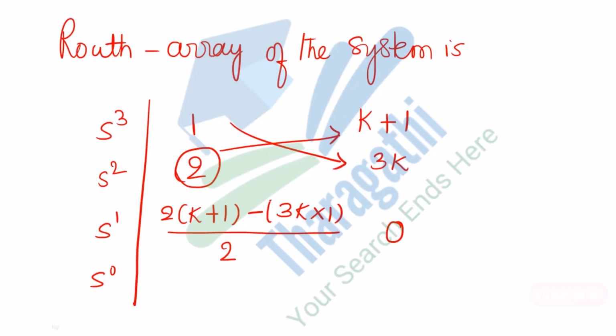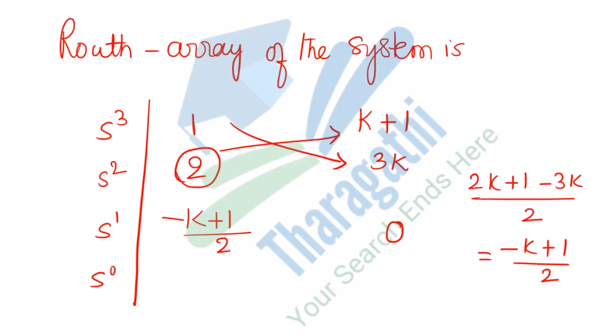Now you simplify this factor and write it in a simple form. So it is equal to (2(k plus 1) minus 3k) by 2, that is equal to (1 minus k) by 2.